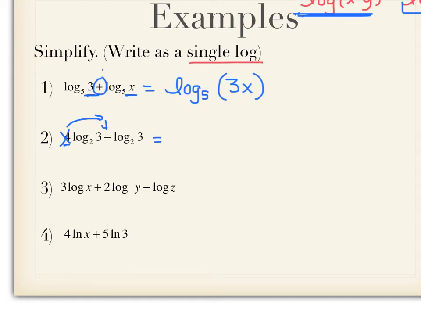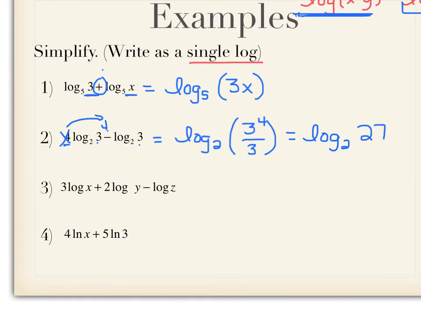So this would be log base 2 of 3 to the 4th divided by 3. Okay. Now you could actually figure out what that's equal to. Let's see. I believe it's going to come out to be 27. So if you just type this piece into your calculator, you would get 27. So I would write this as log base 2 of 27.